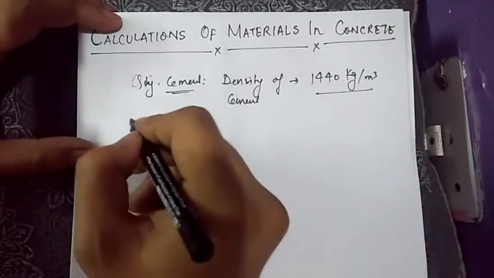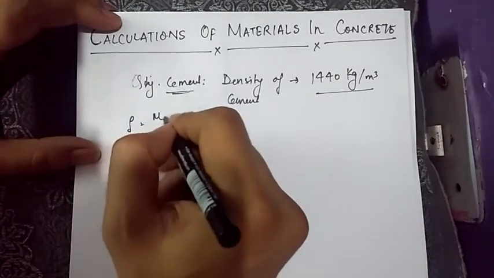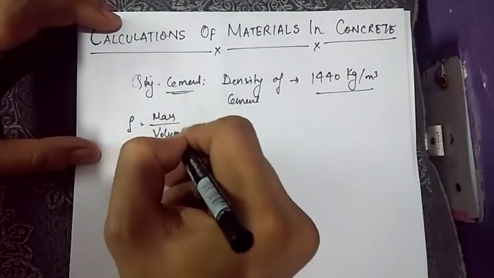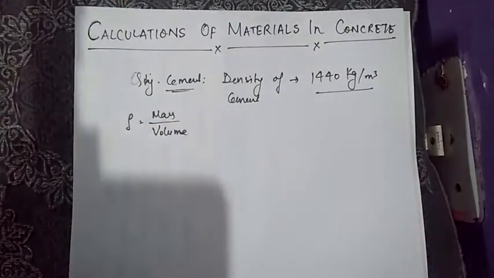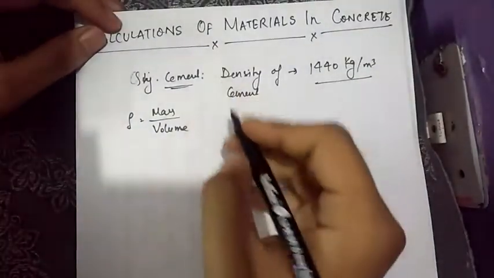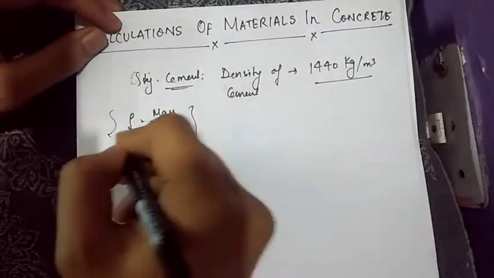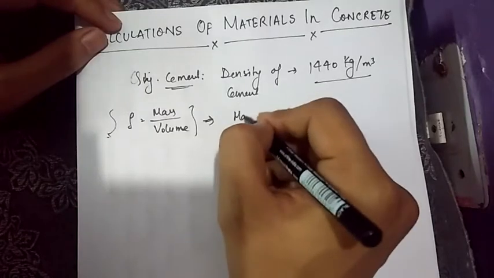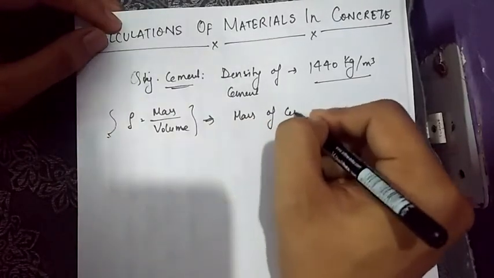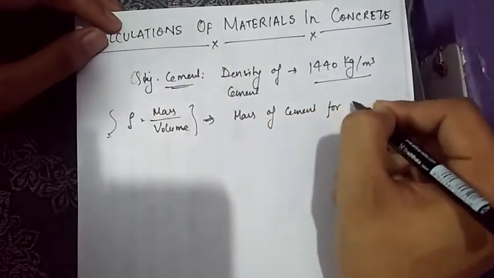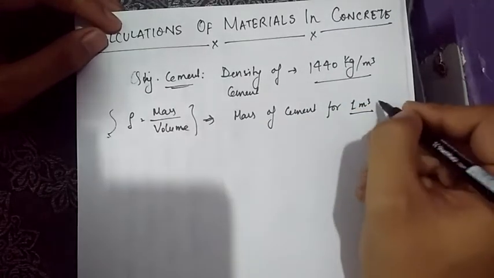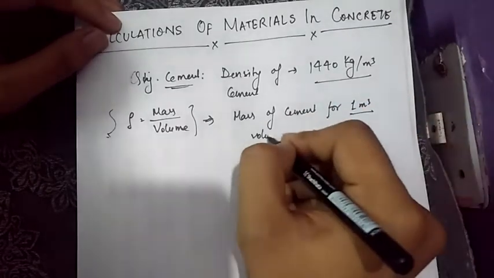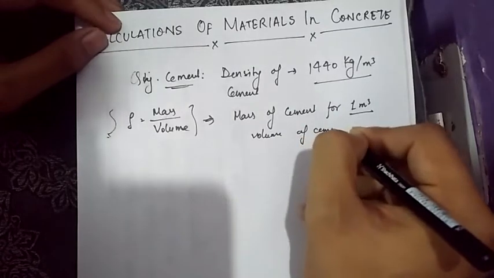So guys, as we know, the density is equal to mass upon volume. From this relation we can find out the mass of cement for 1 meter cube volume of cement.